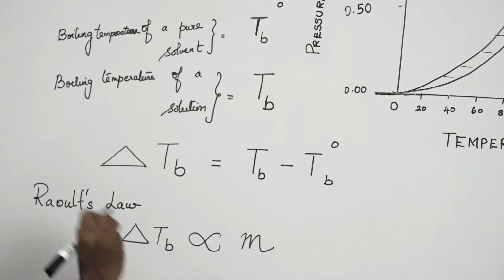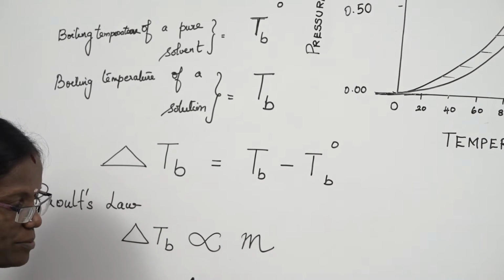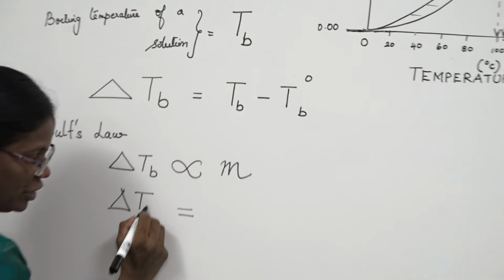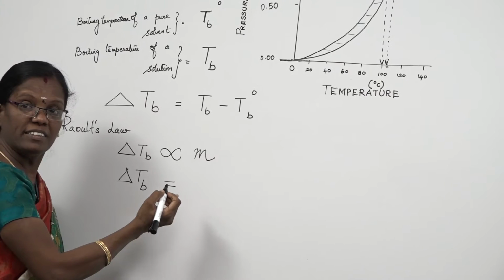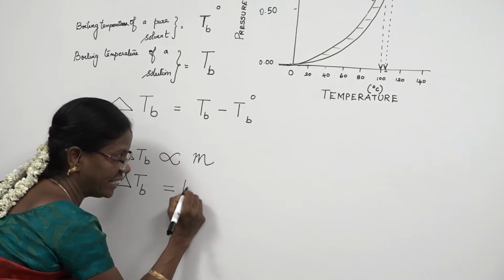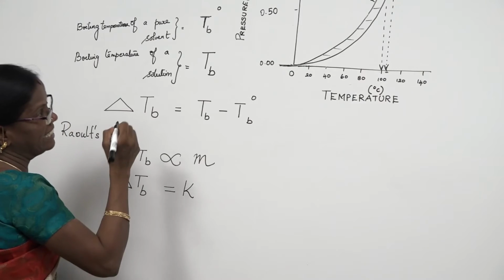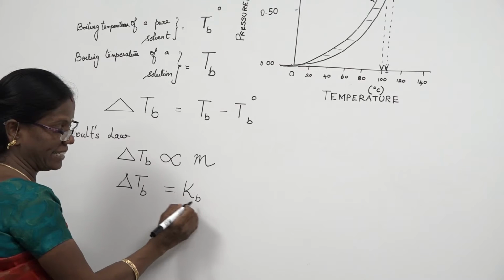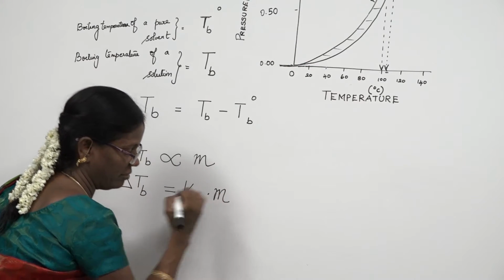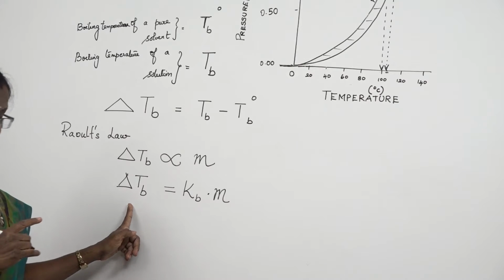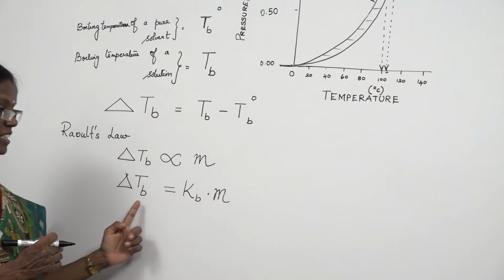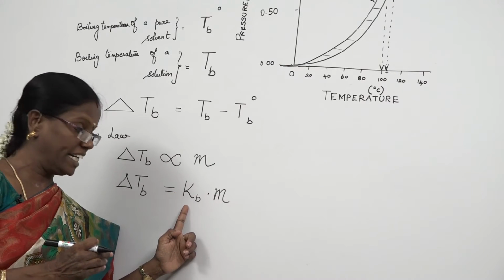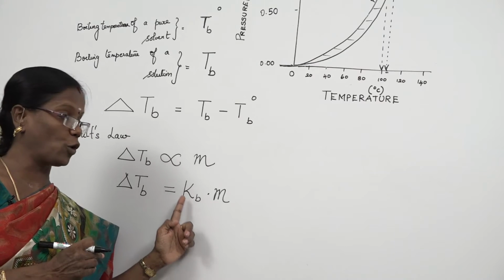In equations, we put this proportionality equal to, and we always introduce a constant, which is K. Since we are dealing with boiling point, the constant is K_B, so delta T_B equals K_B into m, where delta T_B represents the elevation in boiling point and K_B is the molal elevation constant, or the ebullioscopic constant.